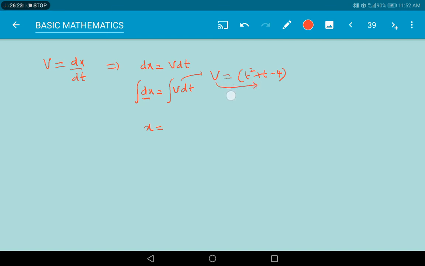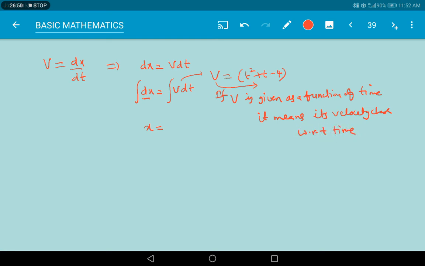Okay, now if v is given as a function of time, it means its velocity changes with respect to time.